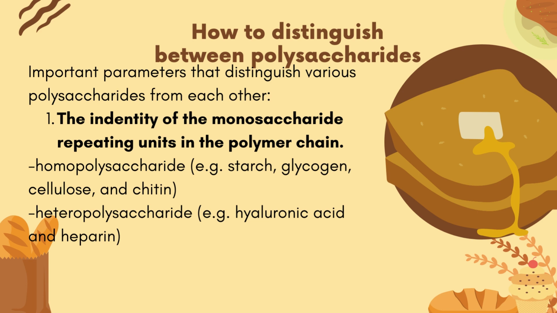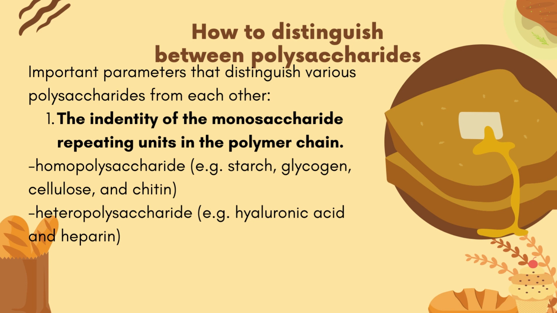Homopolysaccharide is a polysaccharide composed only of one monosaccharide repeating unit. For example, starch is a type of polysaccharide found in plants composed of a long chain of glucose repeating units. So it is a long chain of carbohydrates composed of many glucose units bonded to one another.